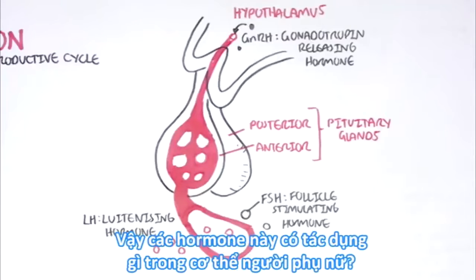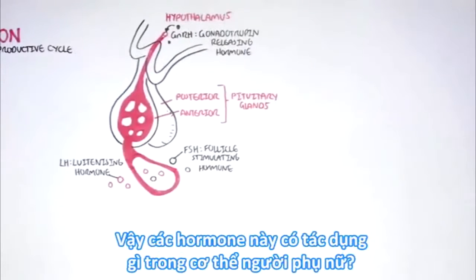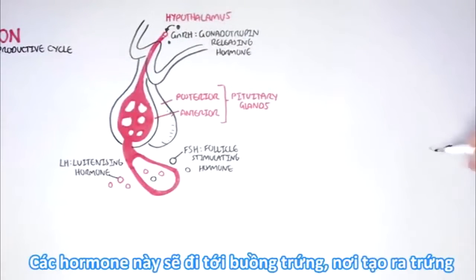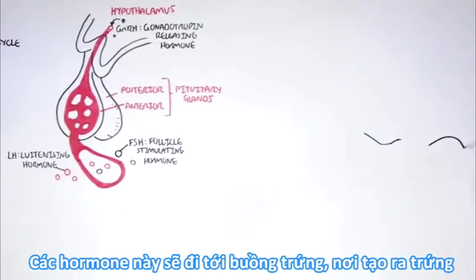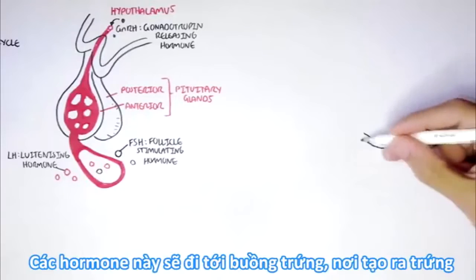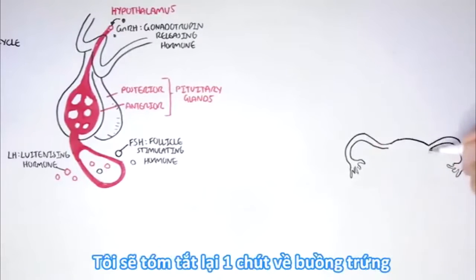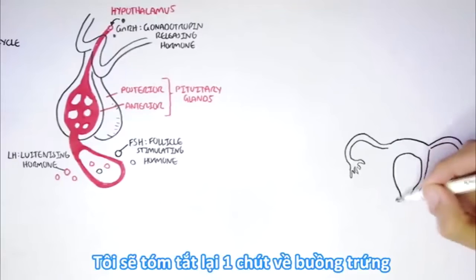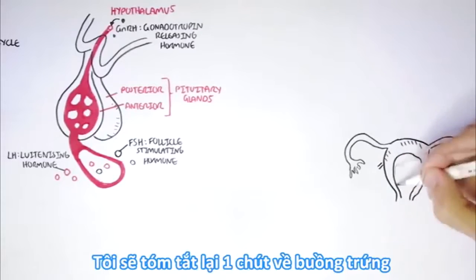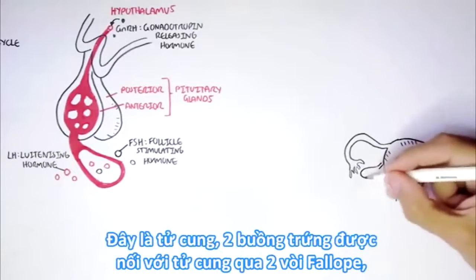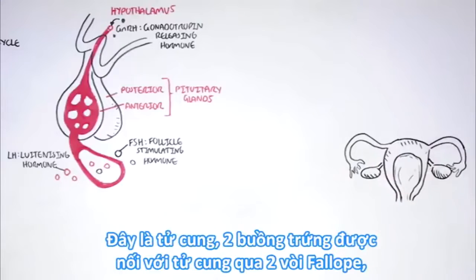So what will these hormones do in the female body? Well, these hormones will travel to the female ovaries, where the female eggs are produced. So let's just recap quickly what the ovary is and where it is. So here we have the uterus and the ovaries, which connect to the uterus via the fallopian tube, essentially.